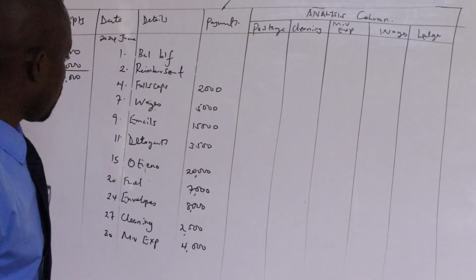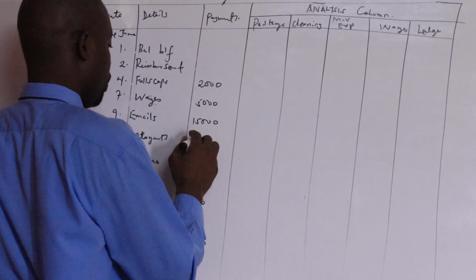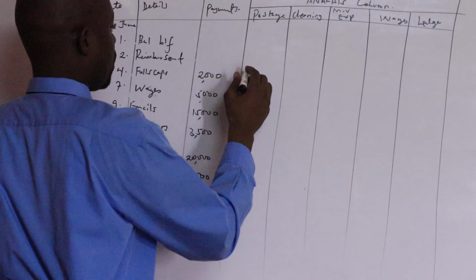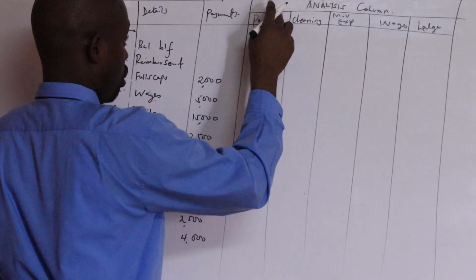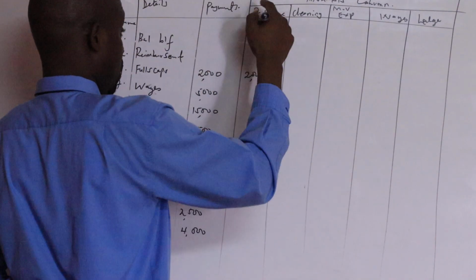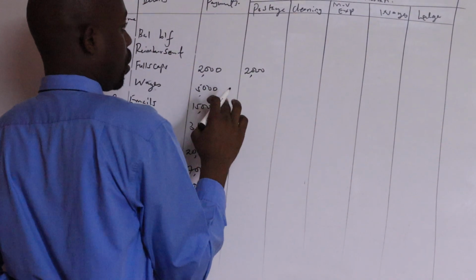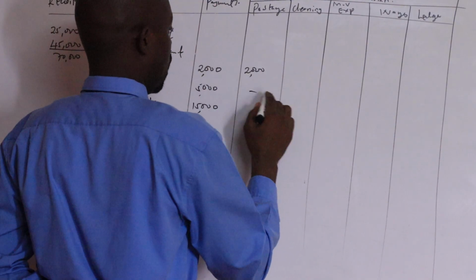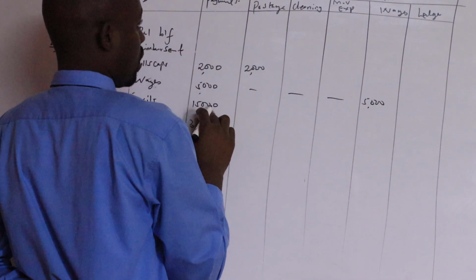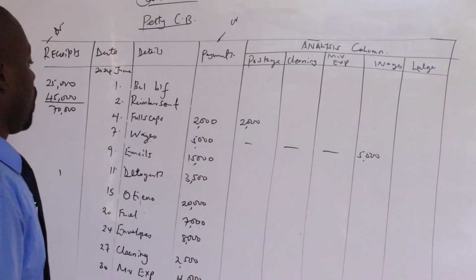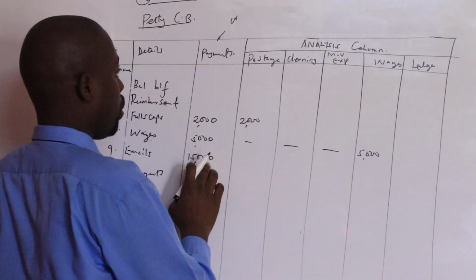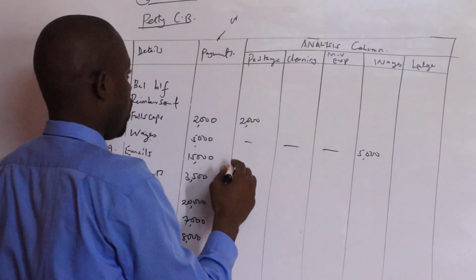So having done that, we are supposed to record them in the correct column. So foolscaps, those are for what? Postage and stationery, so it will come here, 2,000. I didn't write the full name, this is postage and stationery, so it falls there. Wages, we have a wages column here, that is 5,000. Emails, that's what? Now, emails will go to postage and stationery. So that's for post.